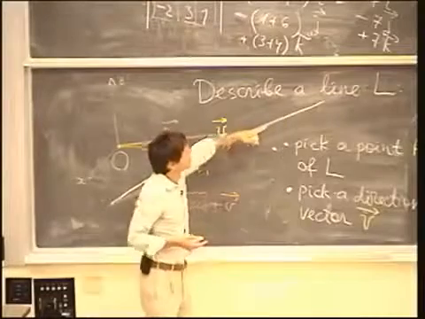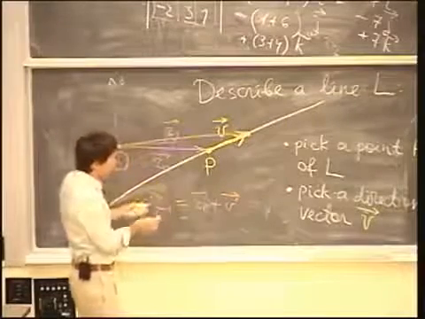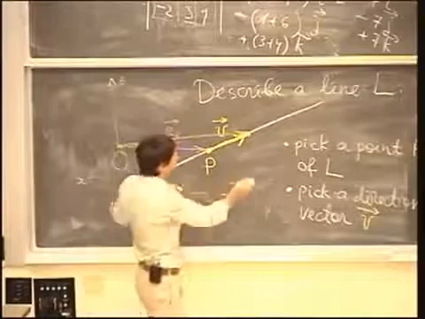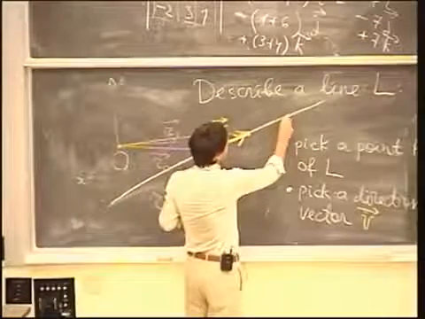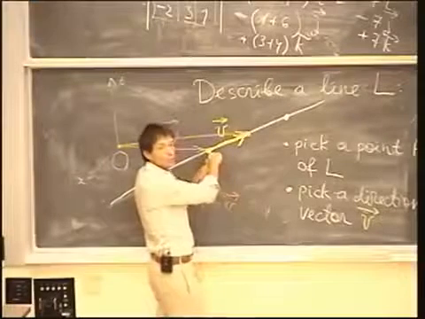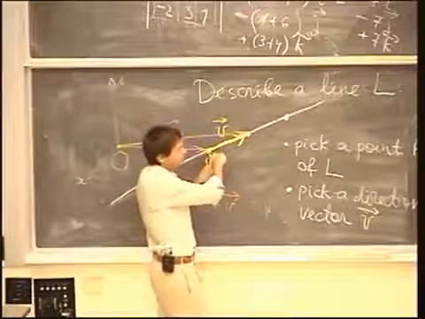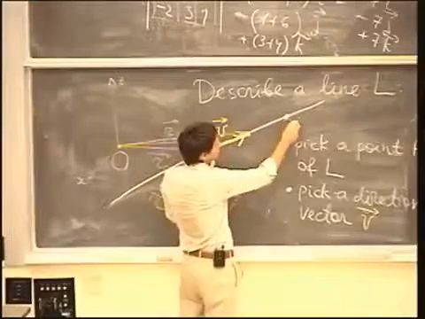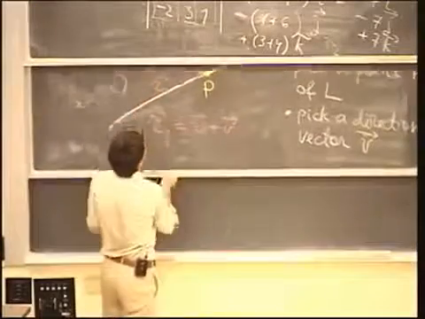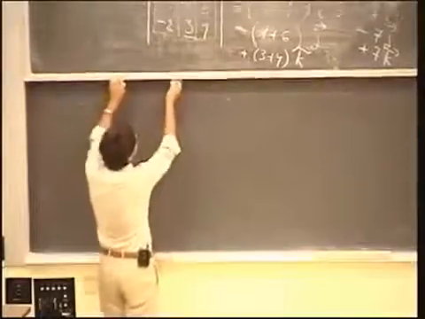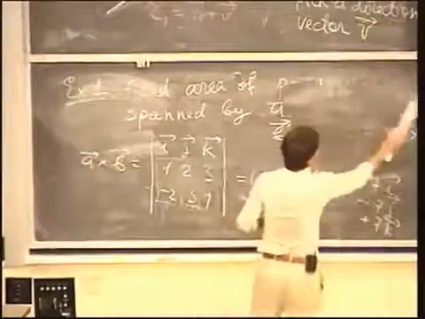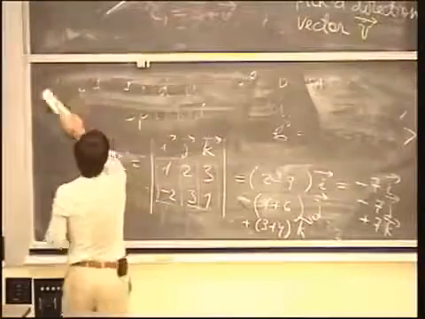What about the rest of the line? Well, to get to other points, I can argue as follows. If I take any other point, say this one, the vector which connects my initial point P to this one, let's call it P prime, can be expressed as a multiple of the vector v.